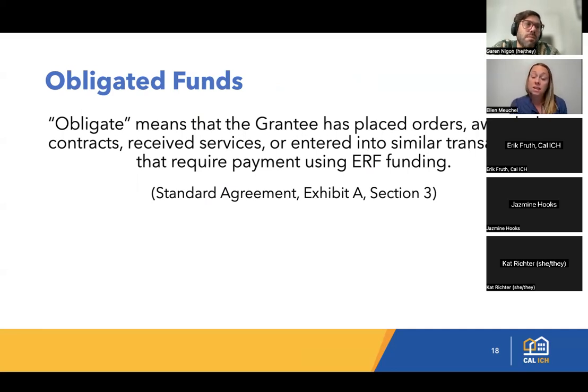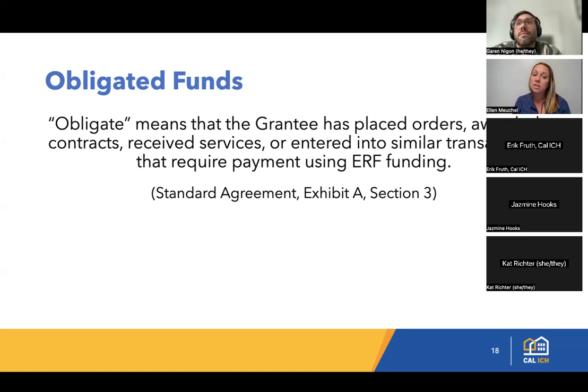We understand that our grantees utilize ERF funding for a vast variety of costs, including services, physical goods, capital projects, personnel costs. There's a lot of different things that are included in what you spend your money on. And so how you obligate those costs might look different across the board.